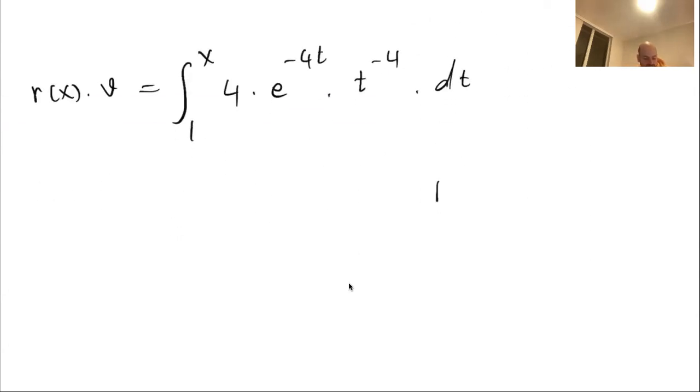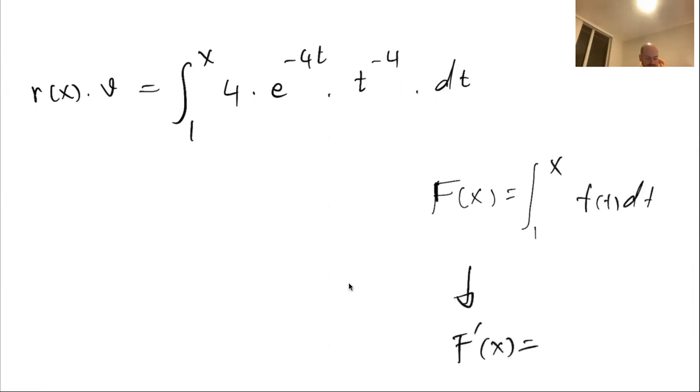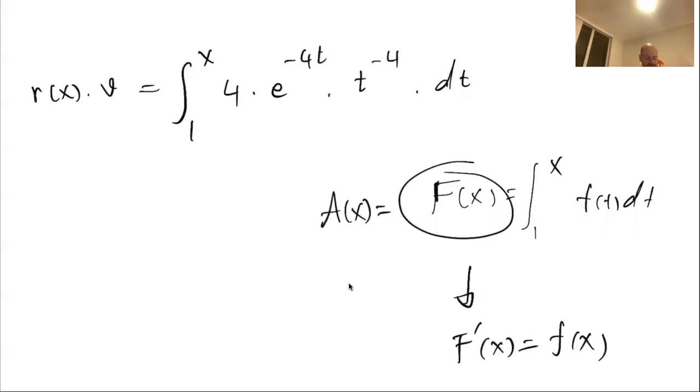You know that if you define capital F of x as the integral from 1 to x of f(t) dt, then capital F prime of x will be small f of x. So this is called the area function. Sometimes you can also denote it with capital A of x.